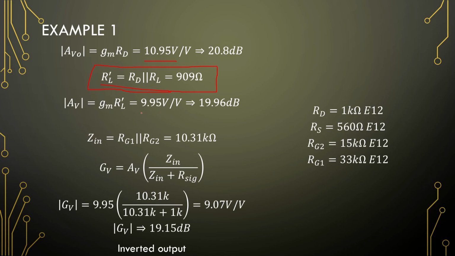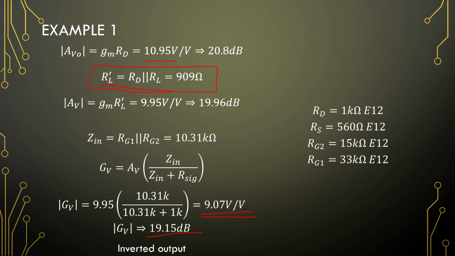That gives us a gain of 9.95 volts per volt. Our input impedance finally will be 10.31 kilo ohms, and that will reduce our total gain to 9.07 volts per volt. Okay, so we should see something close to 21 decibels, something close to 20 decibels, and something close to 19 decibels in our simulation.